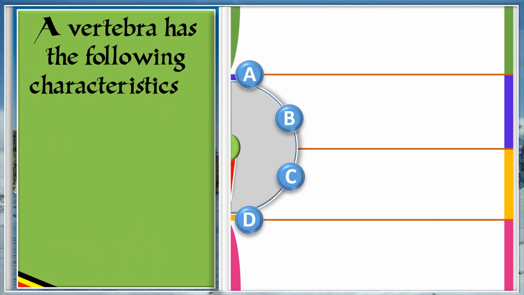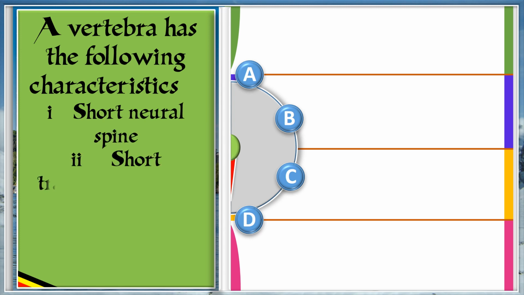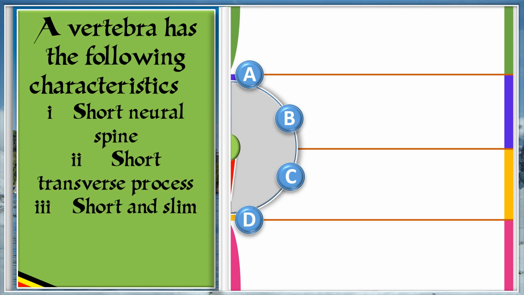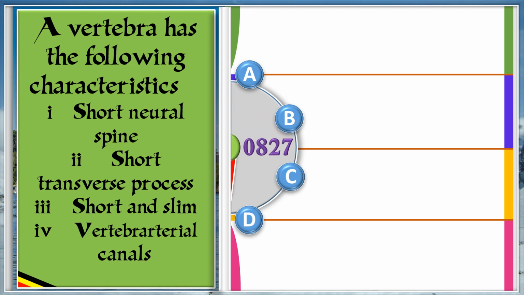A vertebra has the following characteristics. 1. Short neurospine. 2. Short transverse processes. 3. Short and slim. 4. Vertebrarterial canals.